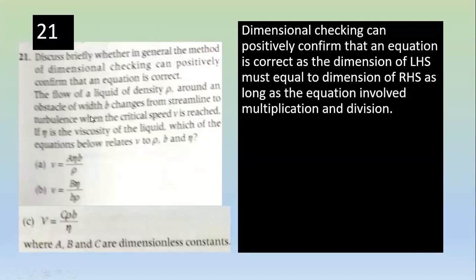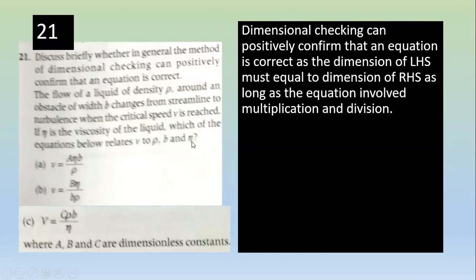Okay, so the flow of liquid of density rho around an obstacle of width B changes from streamline to turbulence when the critical speed is reached. If eta is the viscosity of the liquid, which of the following equations below relates V to rho, B, and eta?